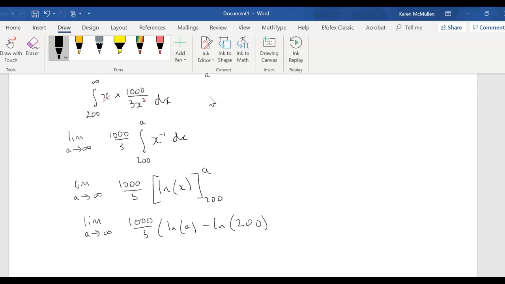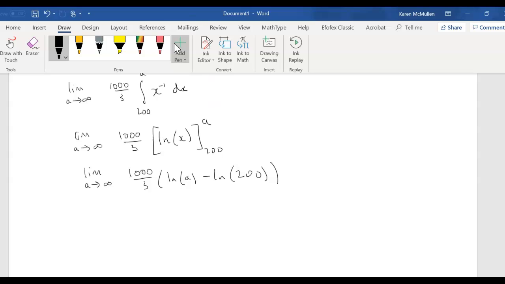Okay, so just substituting a and 200 in. Remember, a is approaching infinity, so we've got to ask what is happening here if a is infinity? What is natural log of infinity? Basically, it is infinity. So what we have here is we're left with 1000 over 3 times infinity minus log of 200.